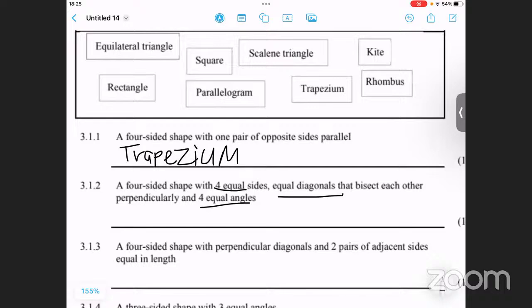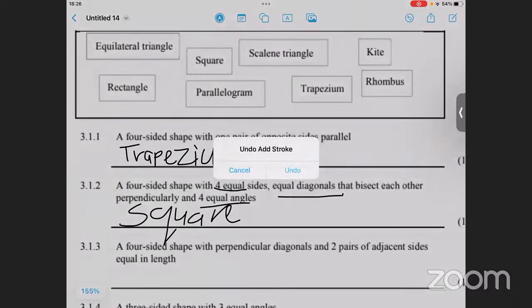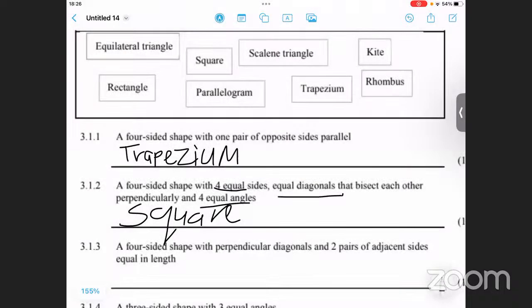Does anyone have a different view on this one, 3.1.2? I think it is a square, and it is a square, right? Because a square has four sides being equal. The moment they tell you about four sides being equal, it's only a square that meets those criteria.